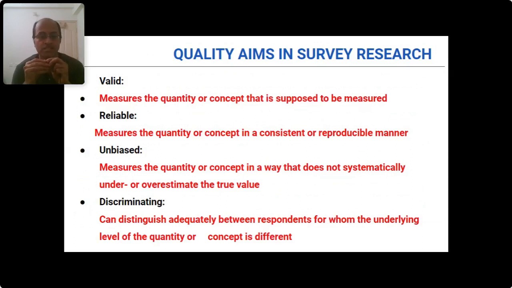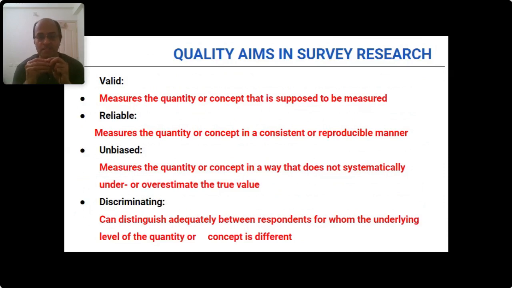The measures that you are using should measure the quantity or concept that is supposed to be measured, meaning validity. It should be valid in the sense that the concept you are proposing has a sense for it. Then it should be reliable, in the sense that it is consistent or reproducible.